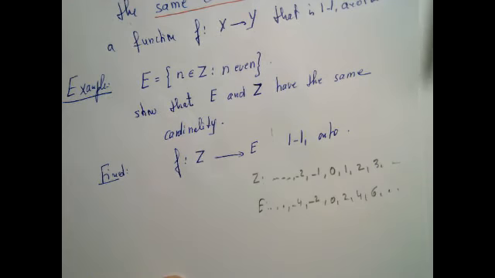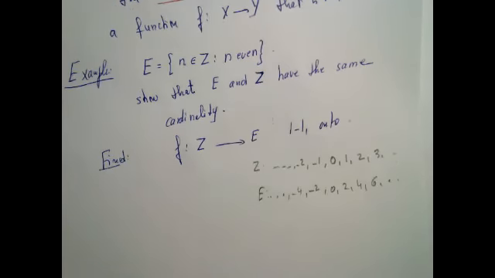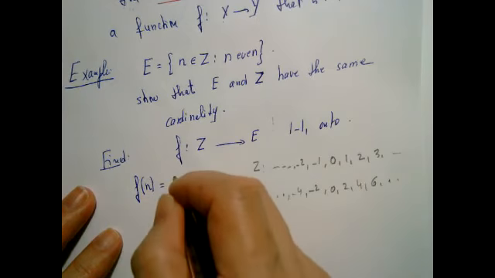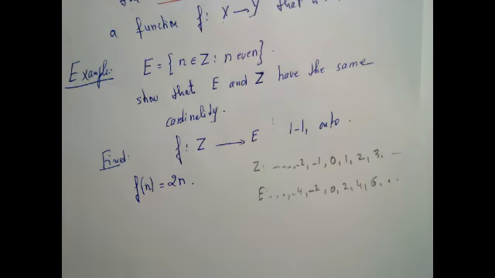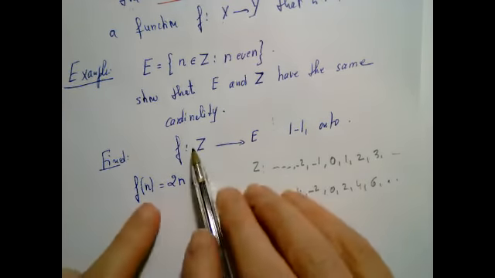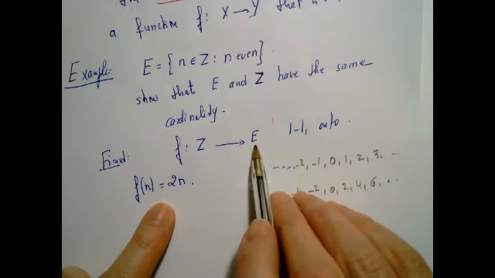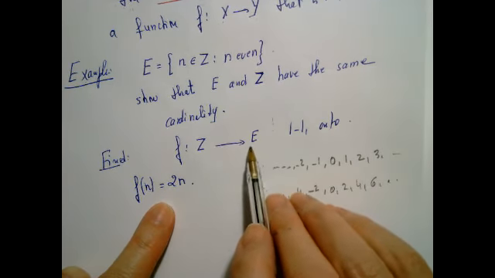What's the most natural function you can think of from Z to E? If n is in Z, you just say 2n. Is it 1-to-1? Is it onto? Question number 1, is it defined? Take any n in Z, the output of n is definitely an element of E because 2n is even.